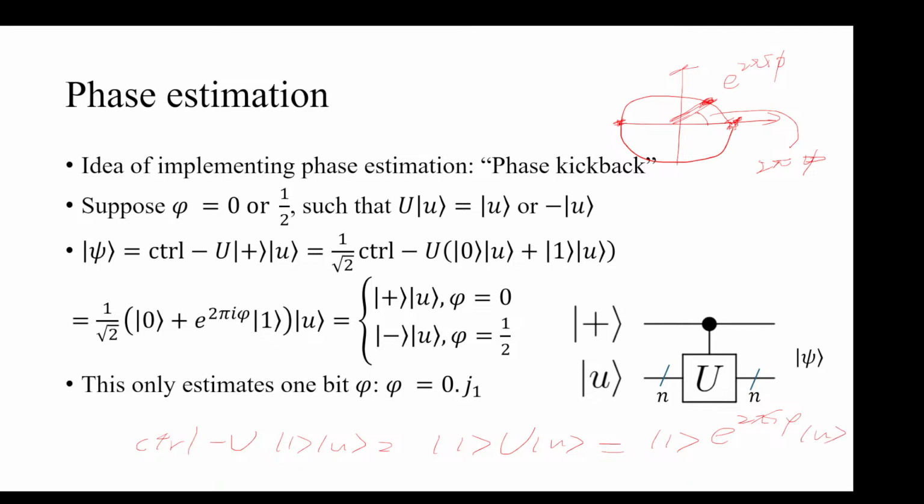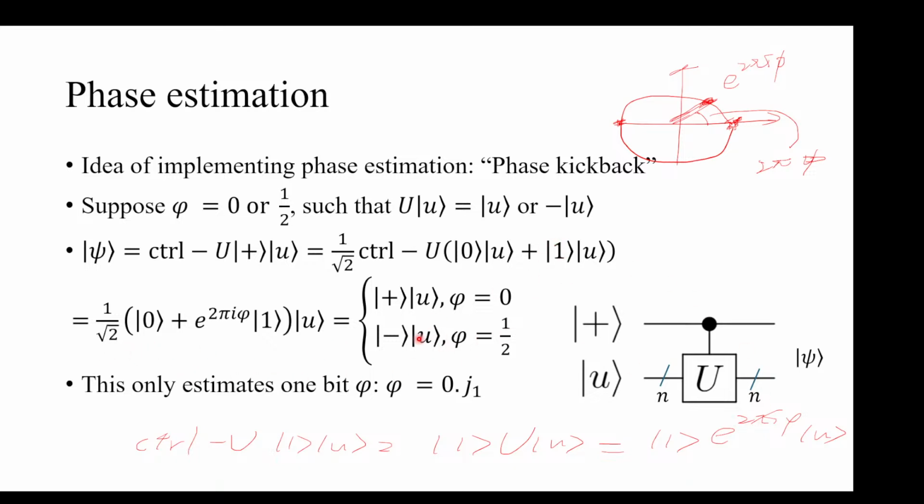Because the location of the phase doesn't matter, you can put this phase out front. So your phase kicked back is e to the 2 pi i phi on 1, and you see the second register still stays u, because it is the eigenvector of big U.